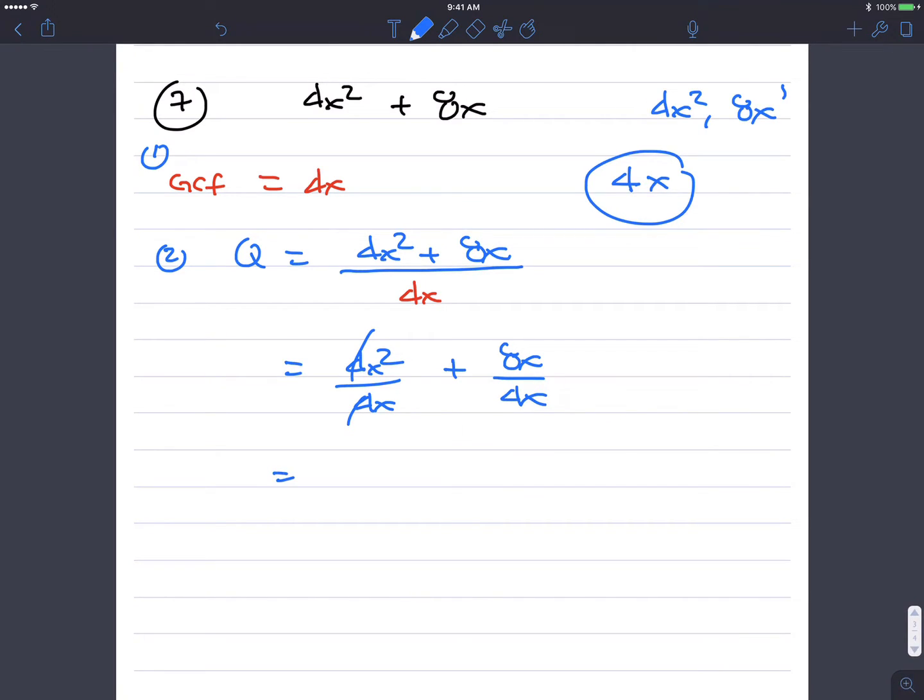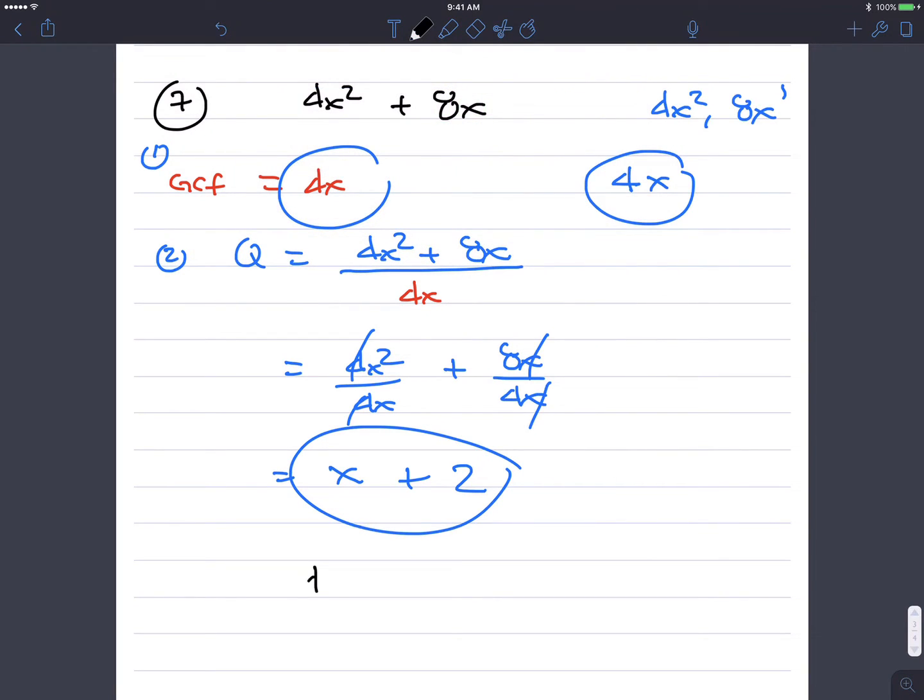Let's find our quotient. x squared over x is just x. My x's cancel, and what's 8 divided by 4? That's 2. So I have what I need. Final answer, 4x times x plus 2. Okay, you're factoring out the greatest common factor. Anybody have any questions on this one?